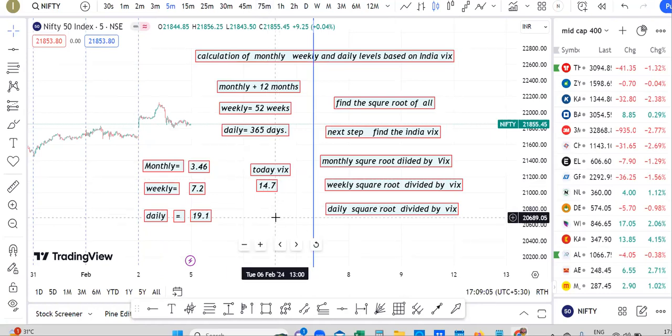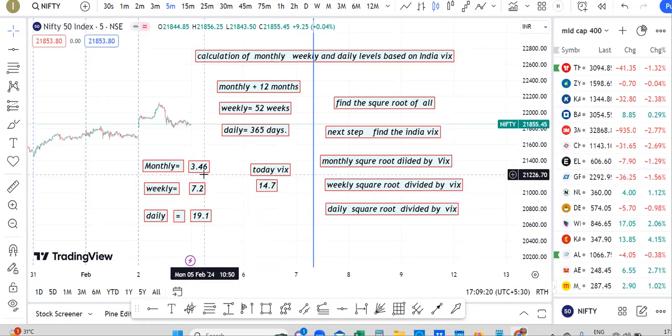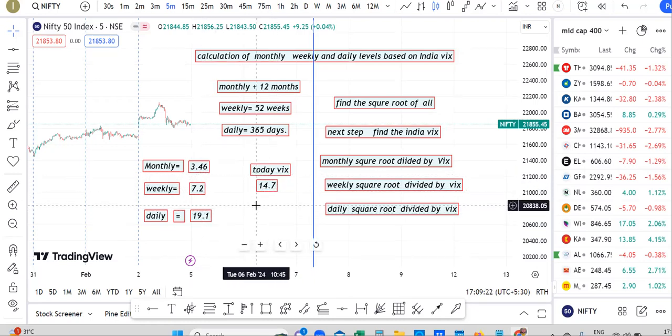So how we are going to calculate the monthly levels? First we found out the square root of monthly, weekly, and daily. Later, we are going to divide VIX by monthly, 3.46.